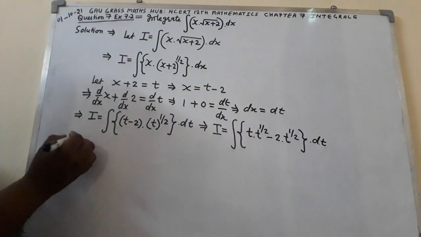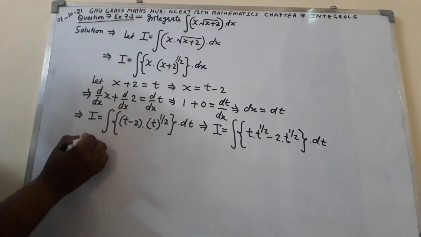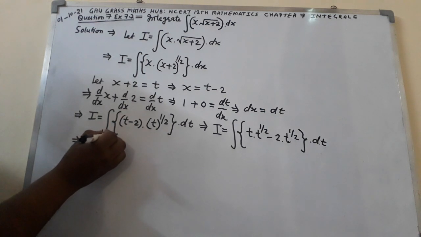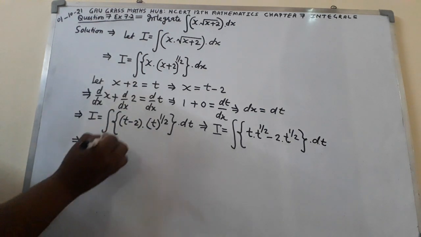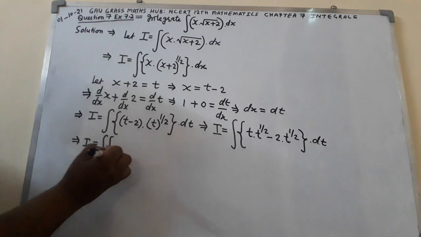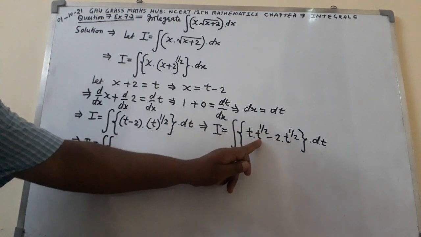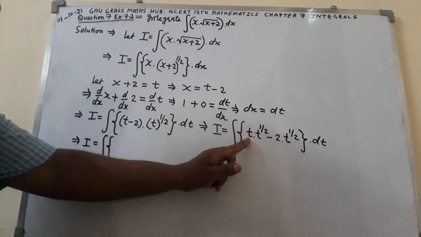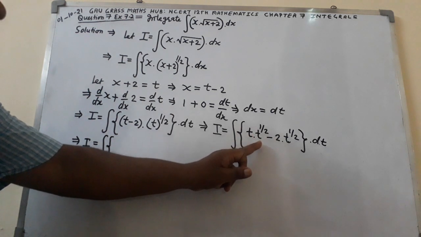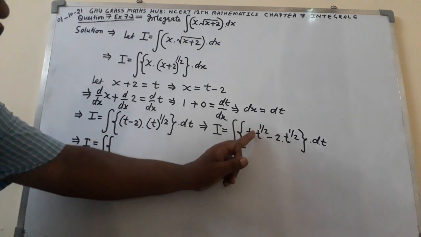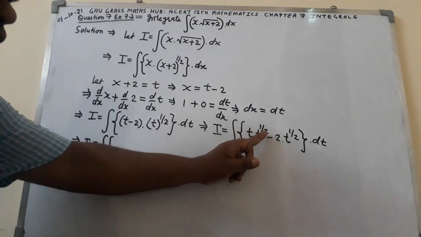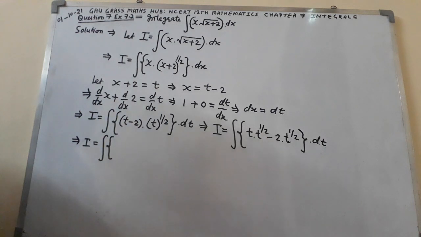Again I shall write, implied that I equal to integral, open curly bracket. Here t raised to the power 1 is available, here t is available. Since the bases are the same, that's why the powers will be added. So 1 plus 1 over 2 comes out to be 3 over 2.